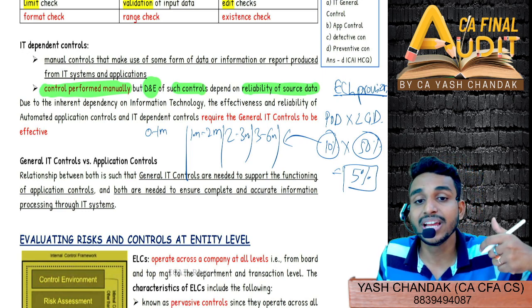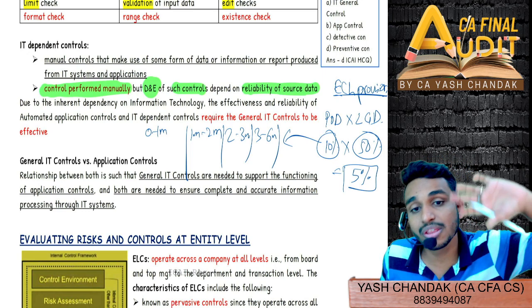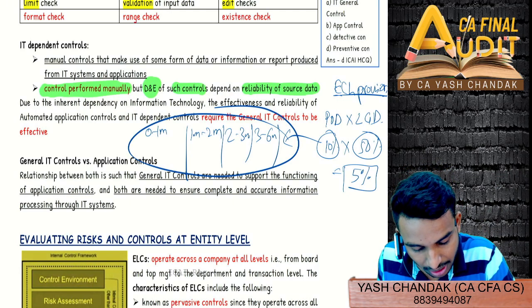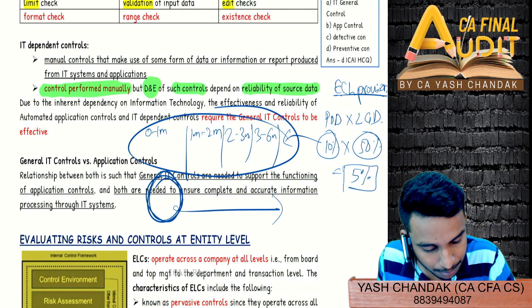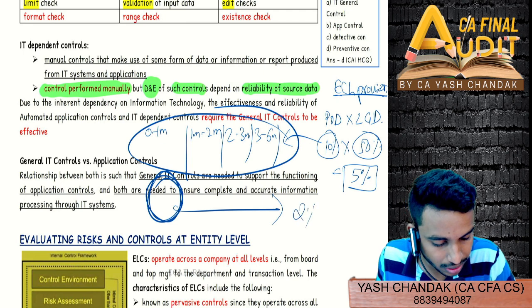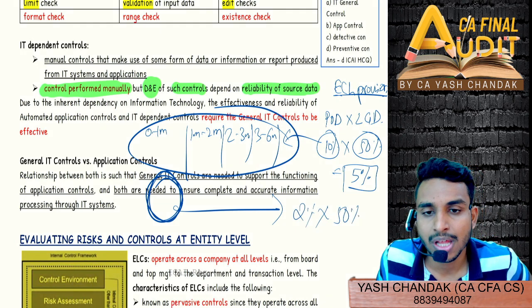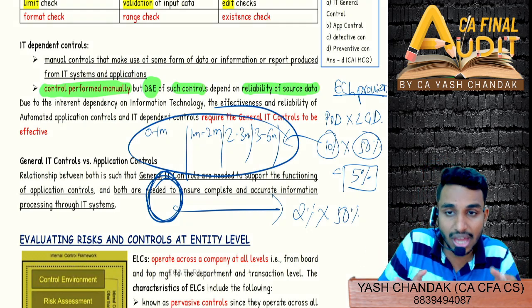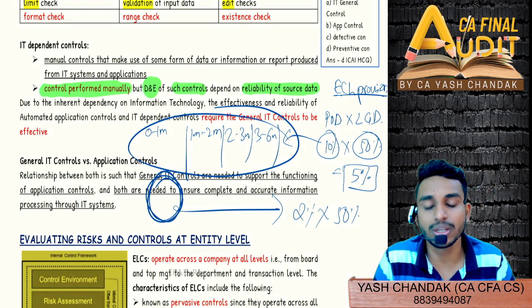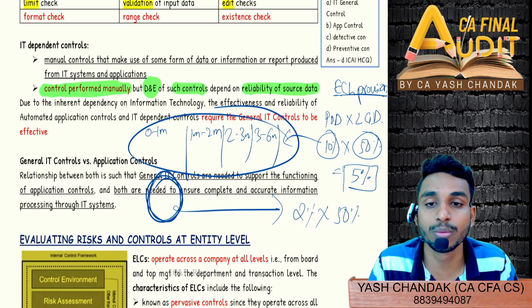So it is a control which is dependent on the source data. If much of the figure is falling here, we'll apply maybe probability of default of 2%, and loss given default may be 50% based on our past experience. Probability of default will increase as we shift to more overdue months, right?